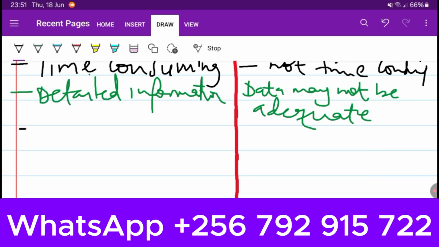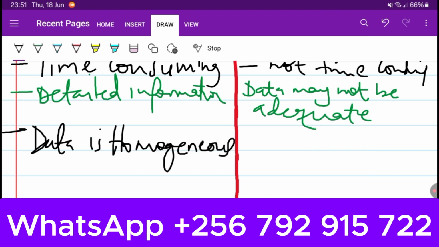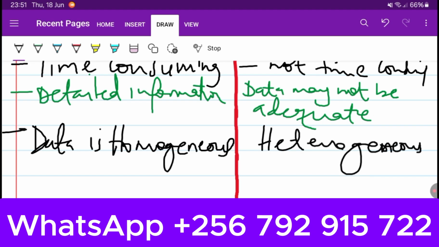This side, most of the data is homogeneous. Then this side, the data is heterogeneous. It's not the same. Because if you go in the field to look for the information, the data you will get will be the same.